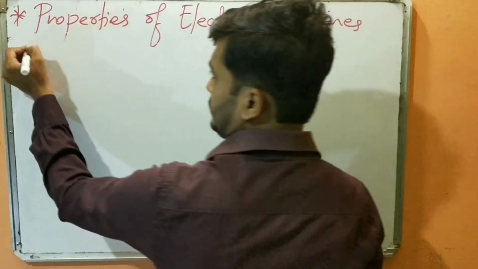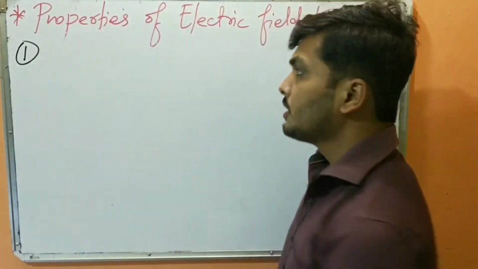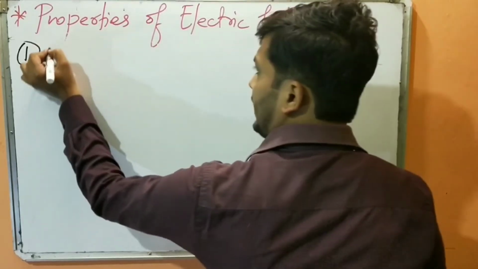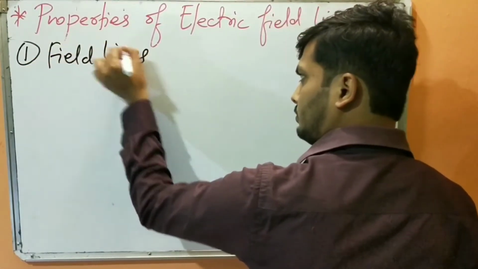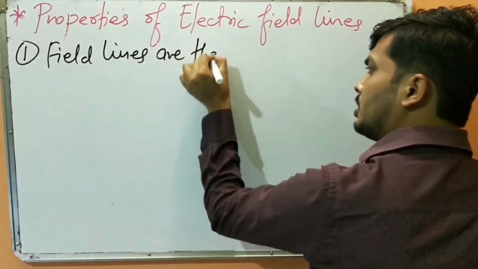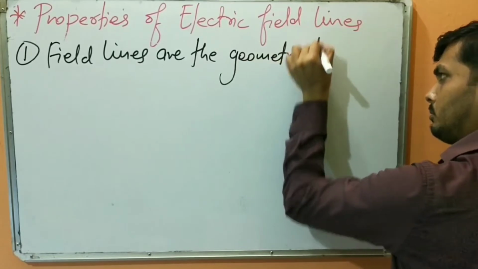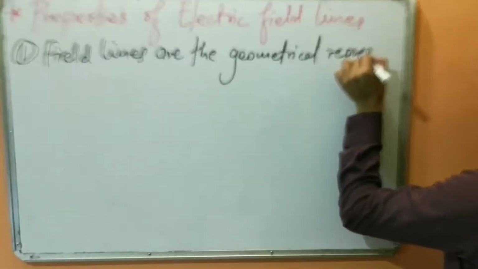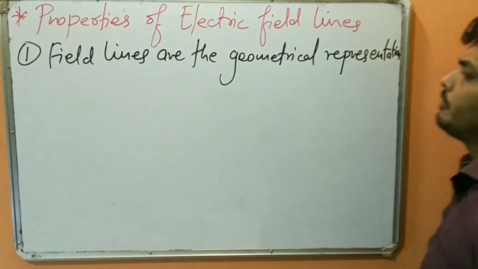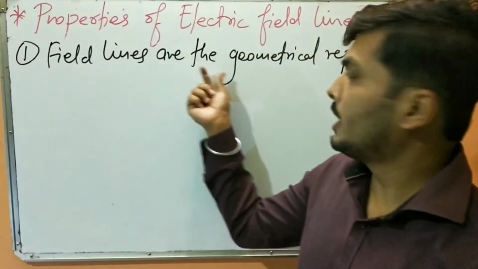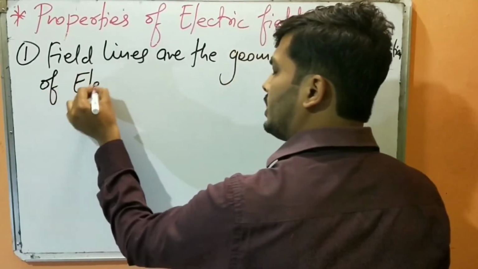So the first property, you can guess it now. Electric field lines are the geometrical representation of electric field strength.